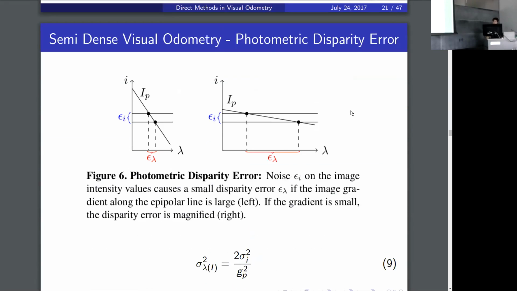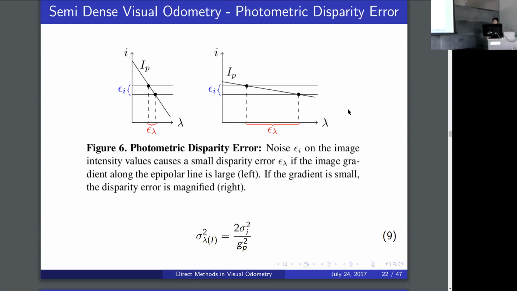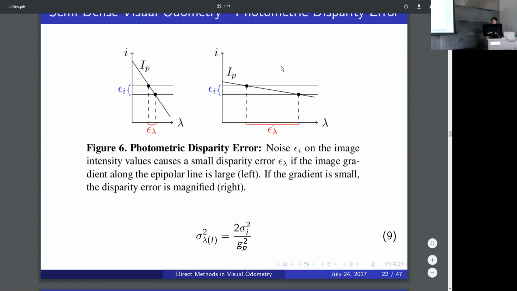And the second dense feature goodness criterion is the photometric disparity error.